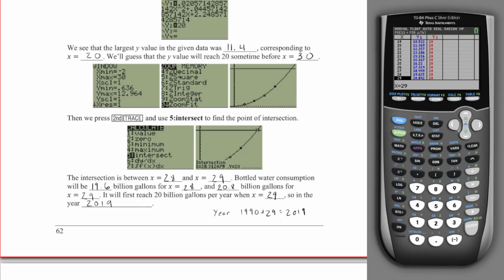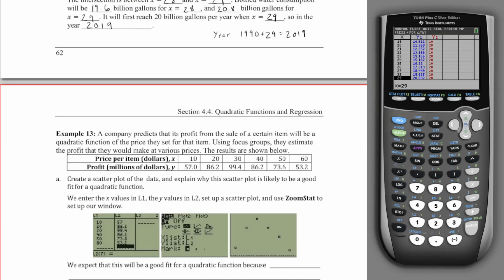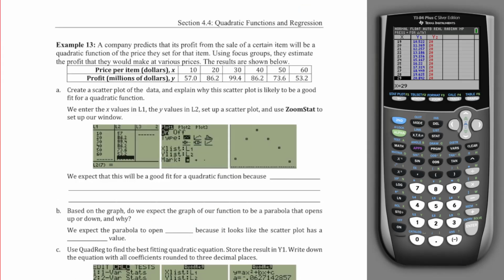Okay, let's see one more example of an approximately quadratic relationship. So this is another application of that supply and demand thing that we talked about earlier. This company predicts that its profit from the sale of a certain item will be a quadratic function of the price they set for that item. But it's not as simple as the information we were given earlier.